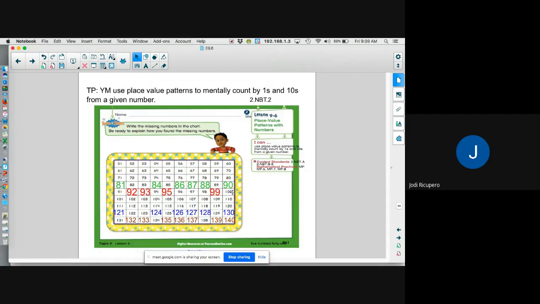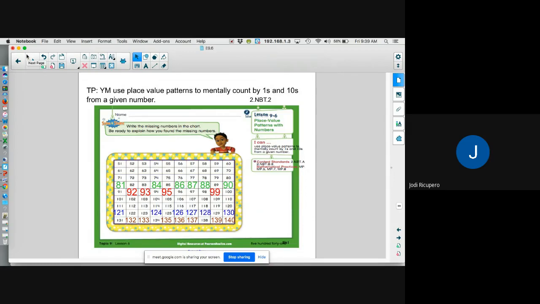Then it skipped from 100 to 121, 124, 126, 127, 128, 130. Skip down 132, 133, 135, 136, 137, 139, and 140. So this chart went from 51 to 140.